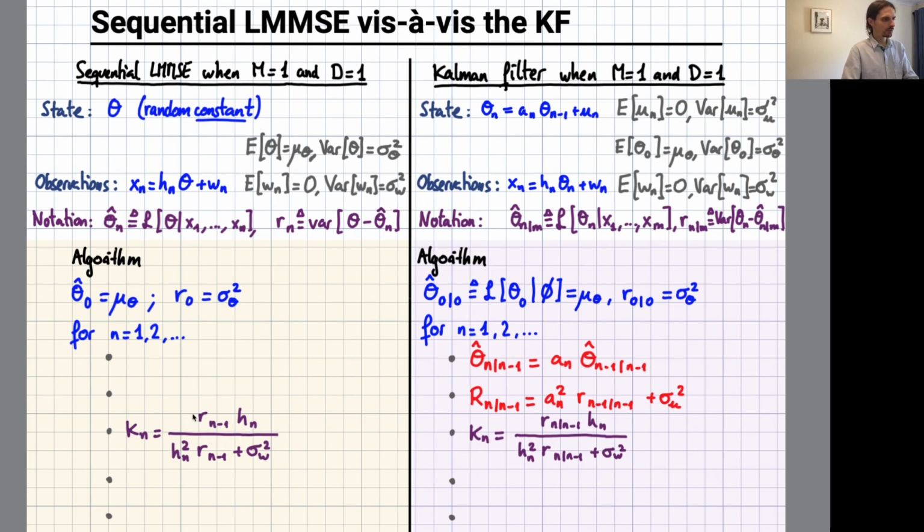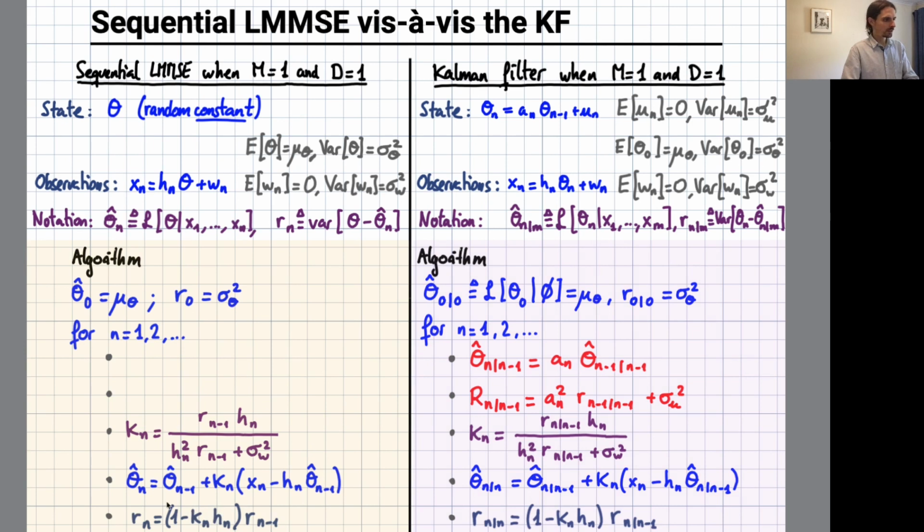The Kalman gain is obtained in the same way, just with a difference in the subscripts. The same holds for the correction step, it has the same form in both algorithms, although here we didn't call it correction. And finally, the error of this estimate is also obtained with a similar equation.